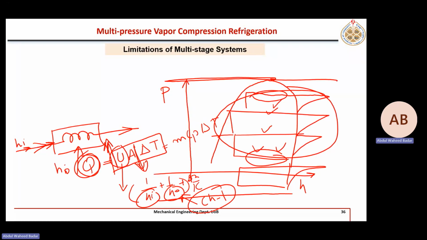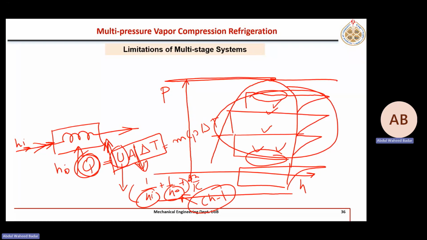You may have to go outside the dome, which is not recommended. So you have to choose a fluid which has a very low freezing point and a very high critical point. If not, then we have to go for multi systems, two different fluids.